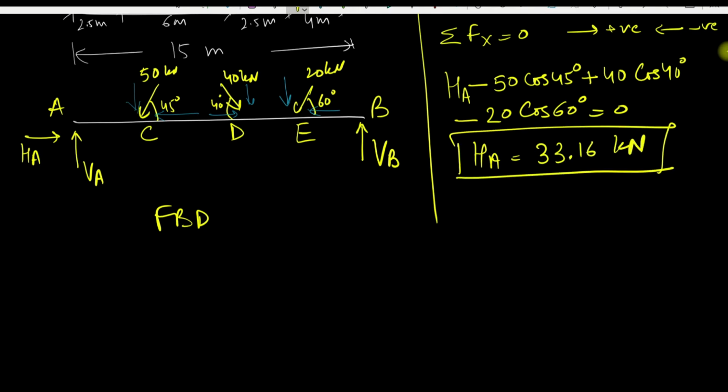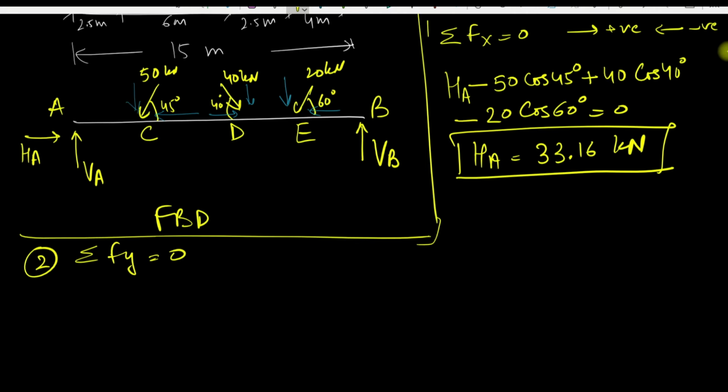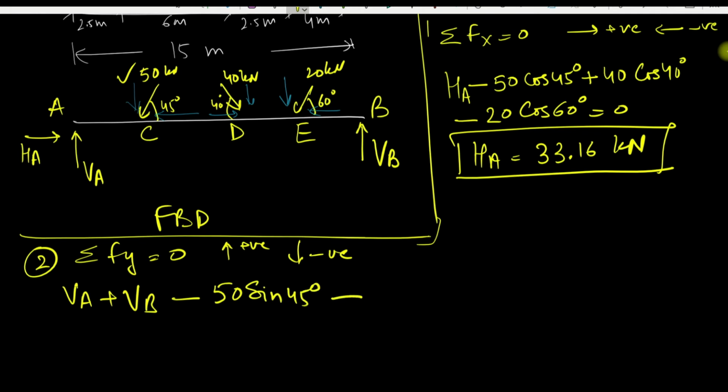This is HA. Now we can use the next equation of equilibrium. The first one we have just used, and the second one is all vertical forces equal to 0. So VA plus VB, I'm taking upward positive, downward negative, minus the vertical component of 50, which is acting downward, 50 sin 45 degree, minus 40 sin 40 degree, minus 20 sin 60 degree.